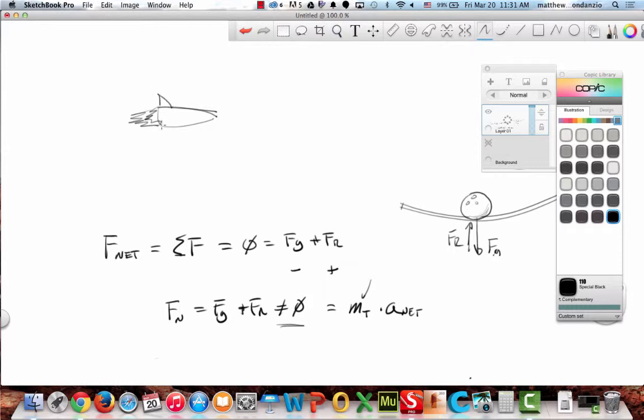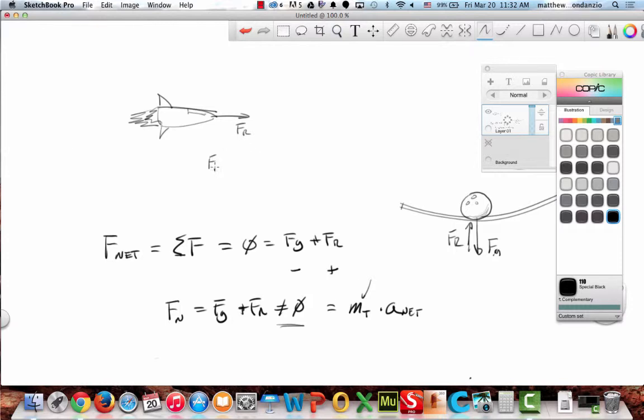And it's pushing with a certain amount of thrust or force. So the engine is pushing on the rocket with a certain amount of force, trying to accelerate it at a certain rate.